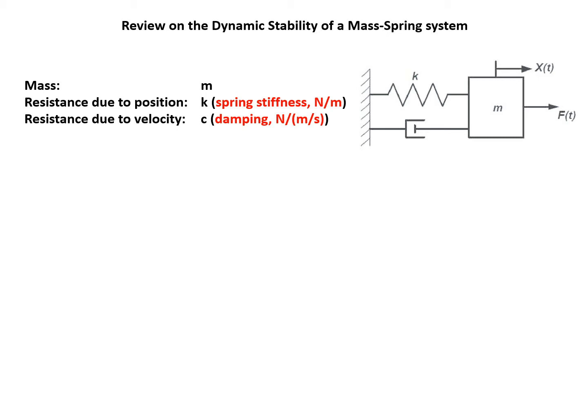also called damping. Now we have the governing equation, which is derived through Newton's second law, and I believe we're familiar with this. It has two contributions. One is from the spring, which is Hooke's principle, and the second part is from the damping.